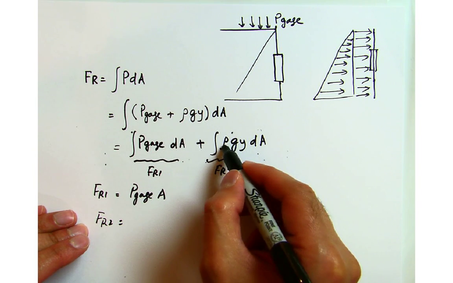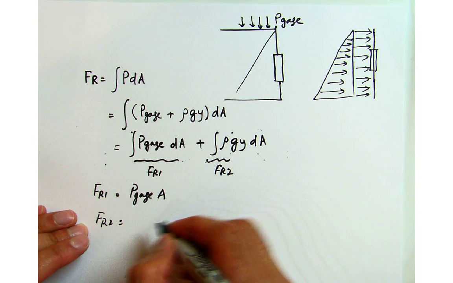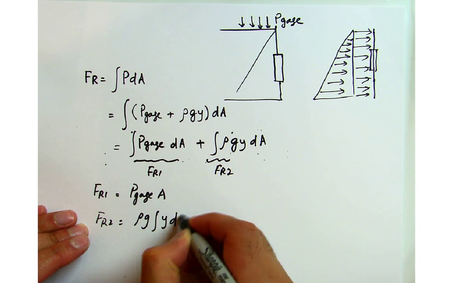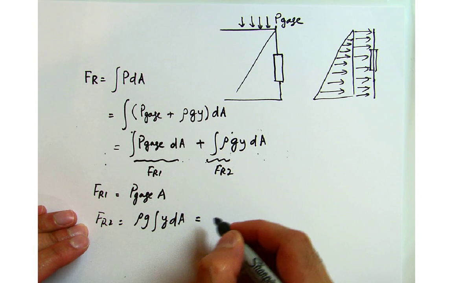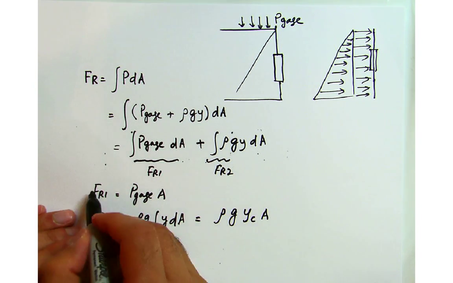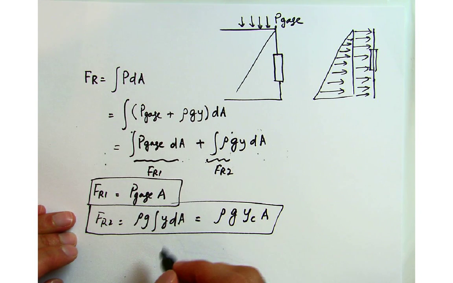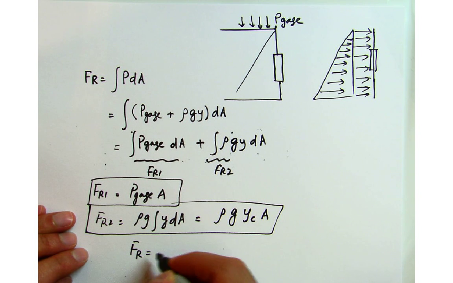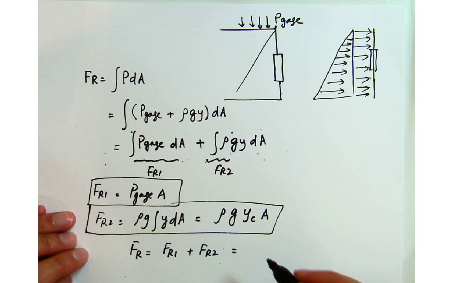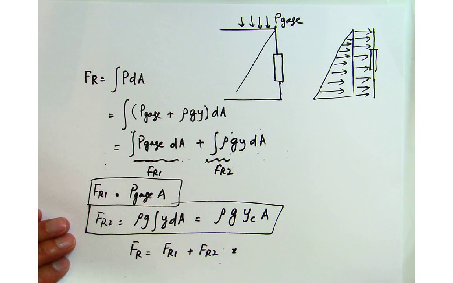I can take rho and g out, and this will be the integral of y dA, which is the first moment of area, so I can write this as rho g yC A. So this is the force FR1, this is force FR2, and the resultant force will be FR1 plus FR2.